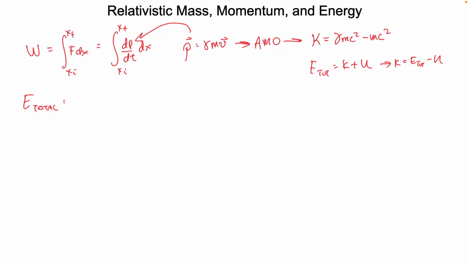Okay, so the total energy is gamma mc squared, coming from what Einstein derived for the kinetic energy, gamma mc squared minus mc squared. Kinetic energy is a difference between the total energy and the potential energy.